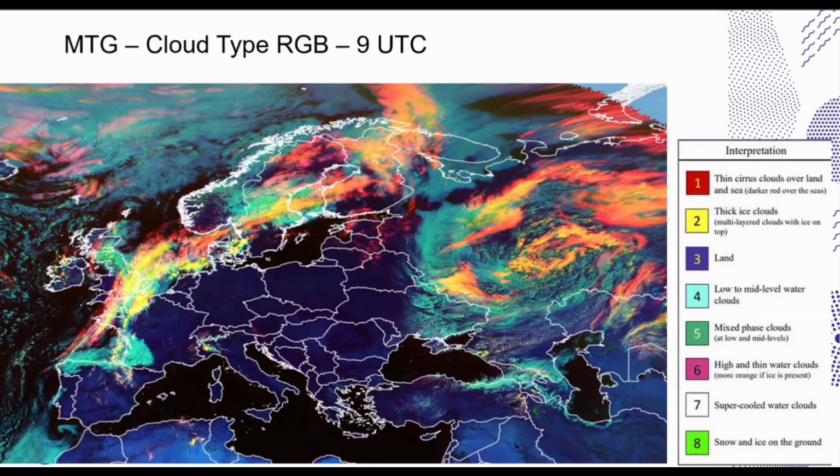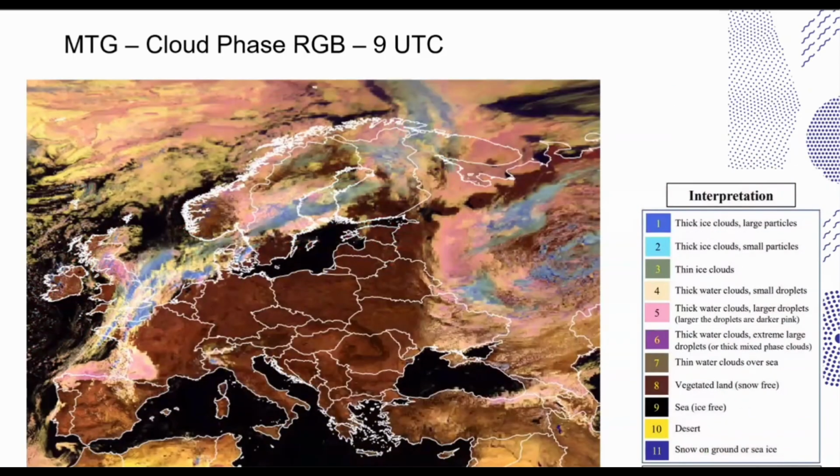And then I took as the next one, to compare, the other new product, the Cloud Phase RGB, which, as the name indicates, is good to use when you want to know what the phase of the cloud is. So when we have bluer colors, it indicates ice clouds, and yellow and red colors are indicating water clouds.